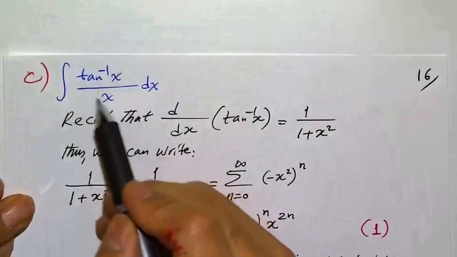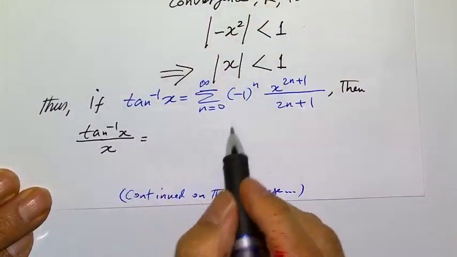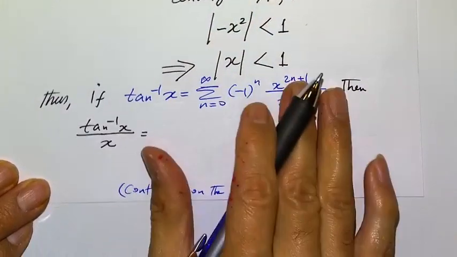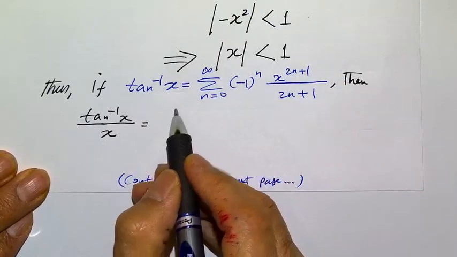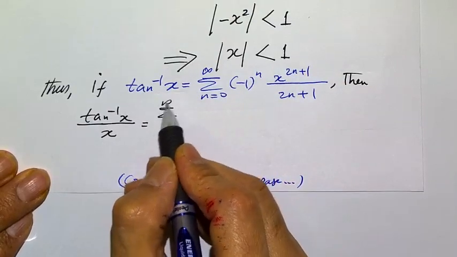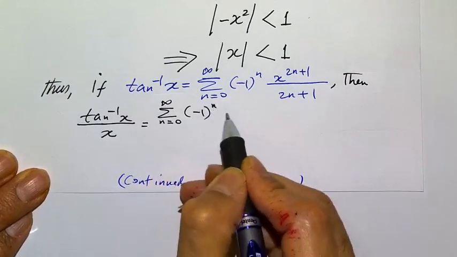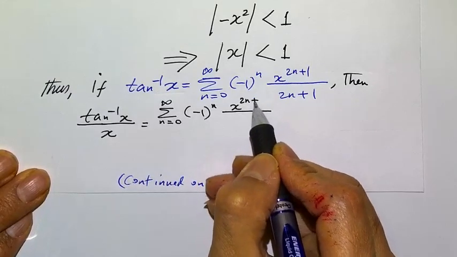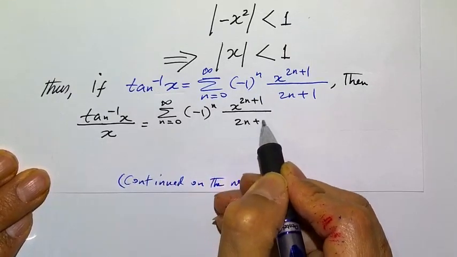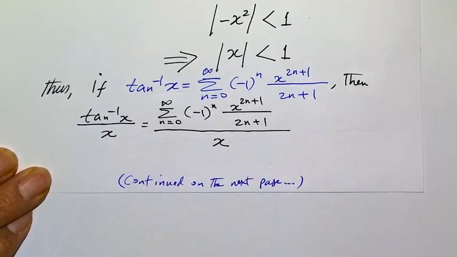And we're doing this because that's our integrand. That can be obtained easily by dividing, I hope I can fit all of that here, all of this divided by x. Like that, and of course divided by x.